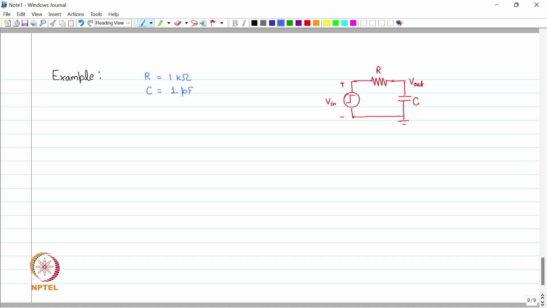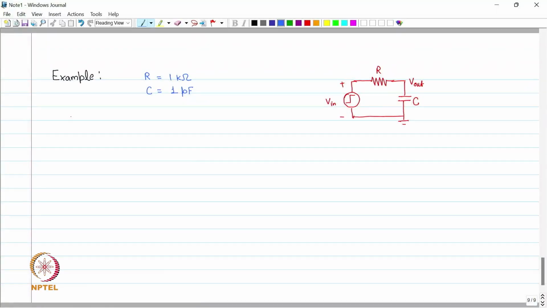It means the capacitor in this network is fully discharged.